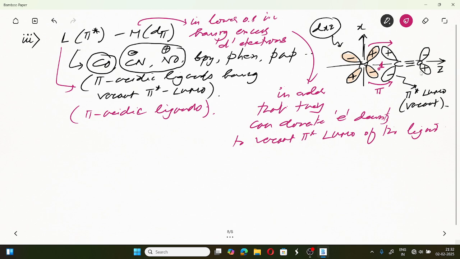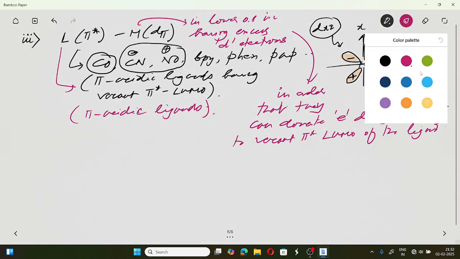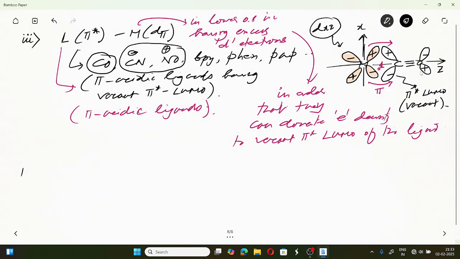So this is the third category, and the fourth category is less known, where the ligand sigma star orbital is involved in pi bonding with metal d pi. The ligand sigma star orbital, for example, if you look at the hydrogen molecule, H-H, it can participate in this type of pi bonding.